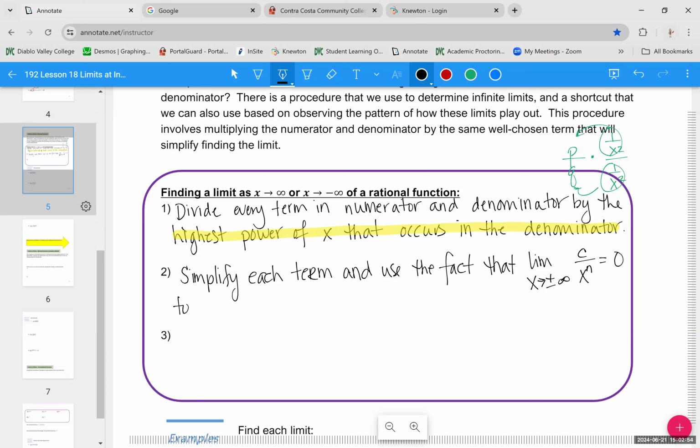And that will basically eliminate any term with an x still in the denominator, because its limit is going to be 0. And then we'll use limit laws for the rest.